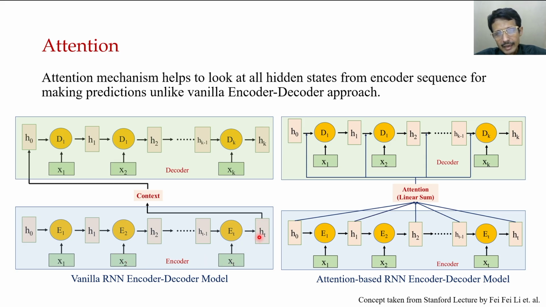From the final state, this HT is the context, and this context is H0 of the decoder. This decoder is another RNN, or another LSTM, something like that.